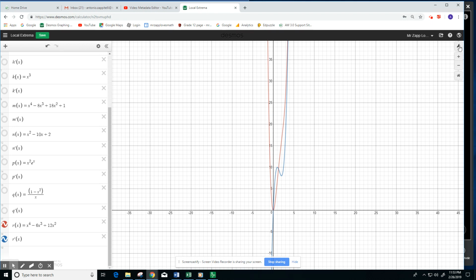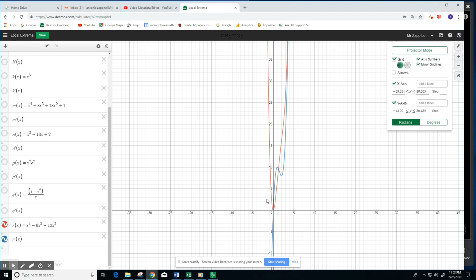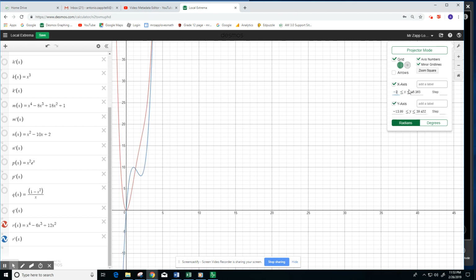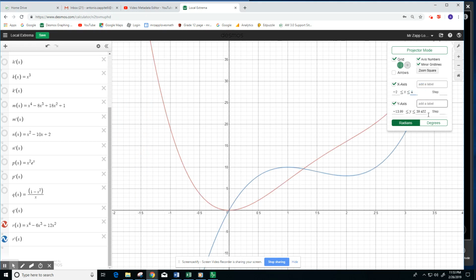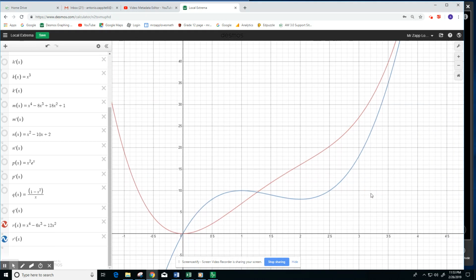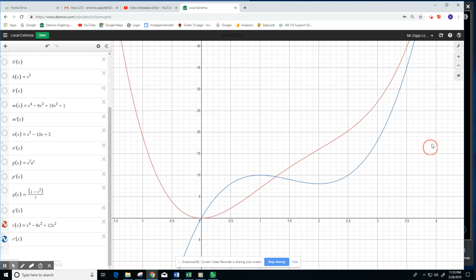But let's change this a little here. So I think we don't need much. I think I'm just going to go from maybe -2 to, I don't think I'm going to go more than 4 here. Okay, and then let's maybe even, I think this is good enough.